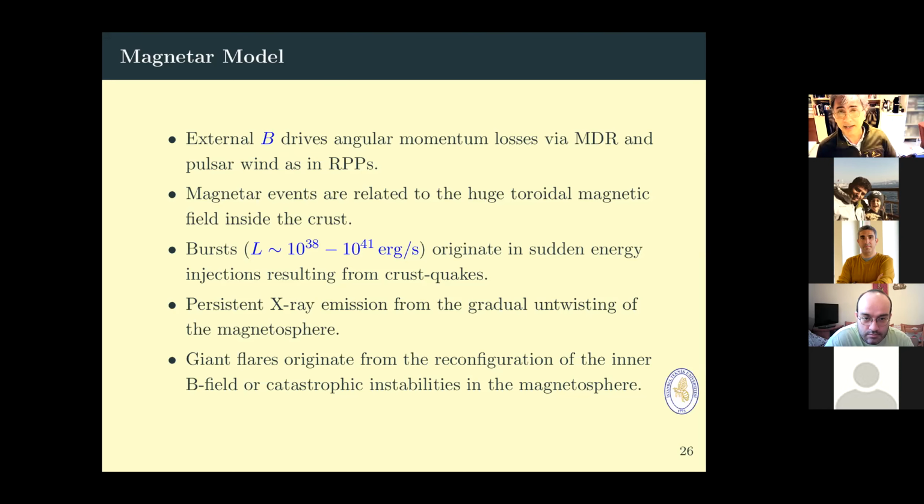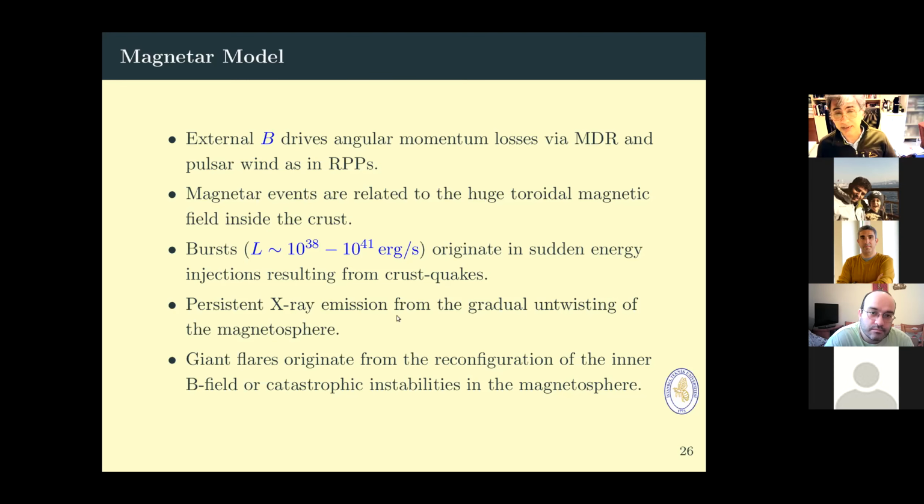The magnetar events are related to the huge toroidal magnetic field inside the crust. The sub-second bursts of 10^38 to 10^41 ergs per second would originate in sudden energy injections resulting from crust quakes.